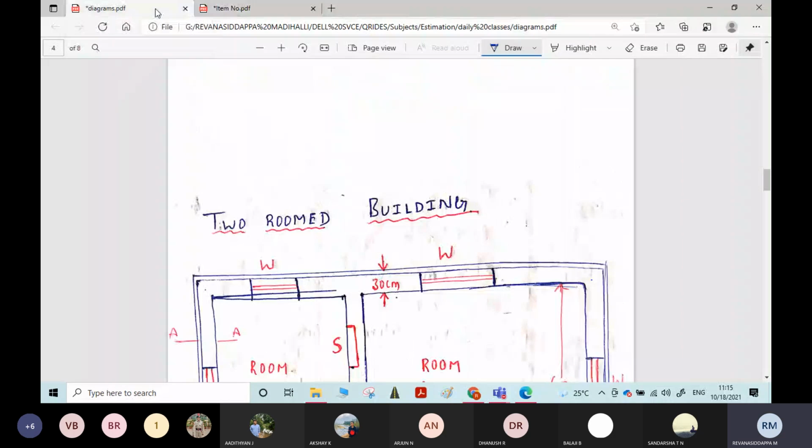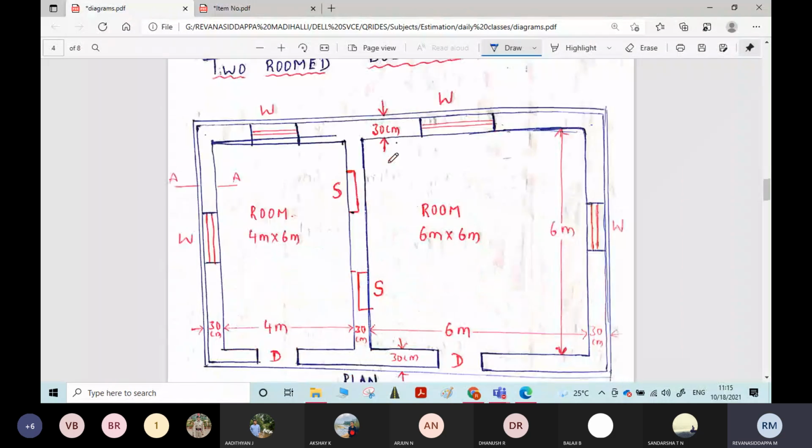For this wall we have done the calculation, and for this long wall we have done the calculation. There are three number of short walls. For that also we have to do the quantity calculation at foundation and the plinth.